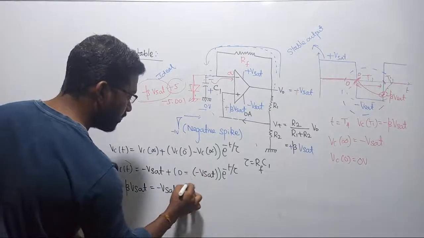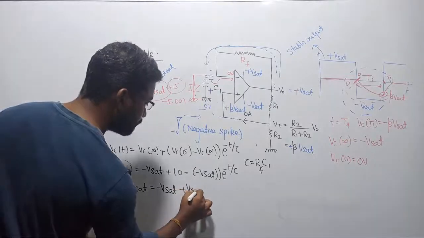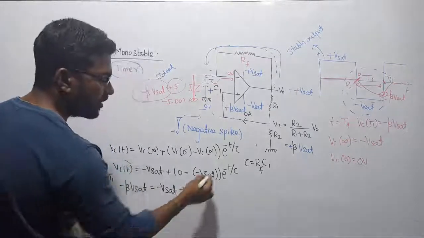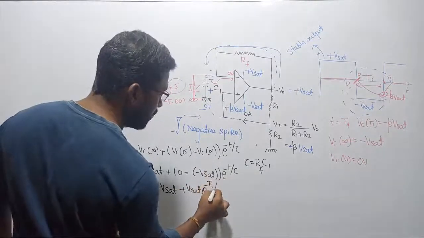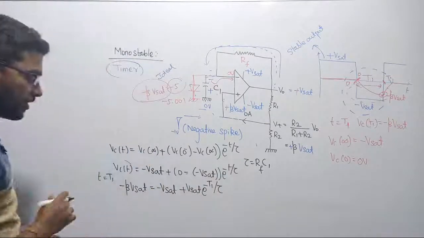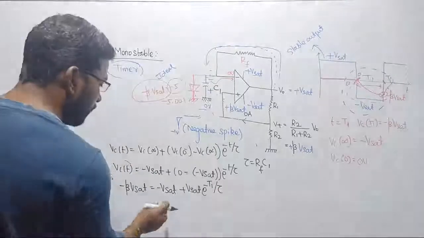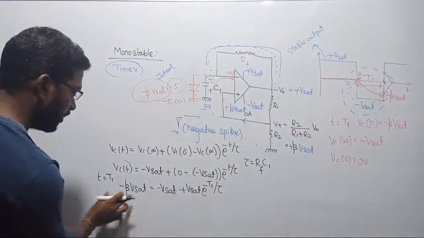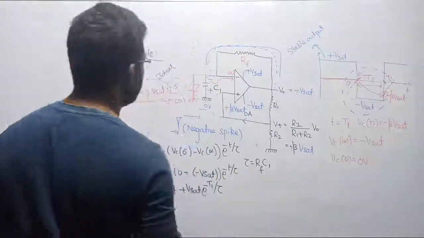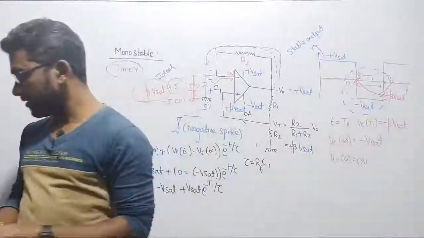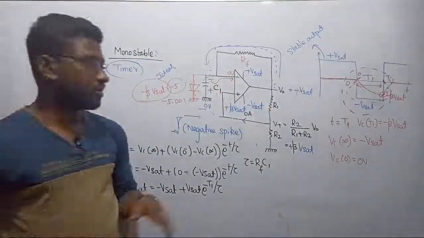Minus Vsat, minus into minus becomes plus Vsat, into e power minus t, and t will be replaced by t1. At t equal to t1 only, we are analyzing this circuit. Now what will happen? Let me move this minus Vsat to the left-hand side. Let me remove this circuit because I have given the conclusion. It's over, right?